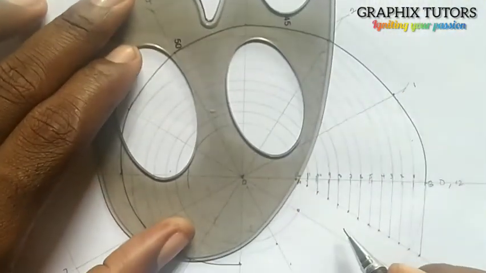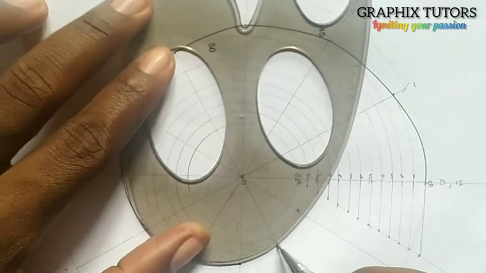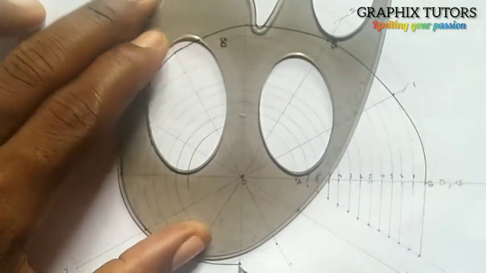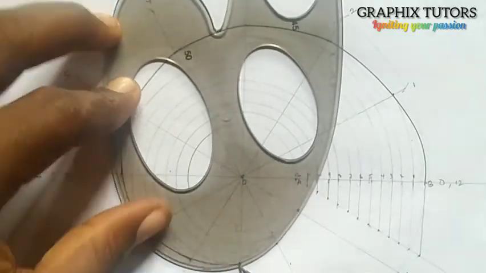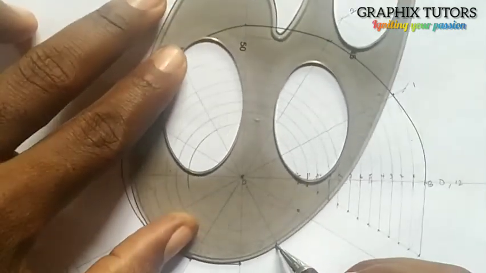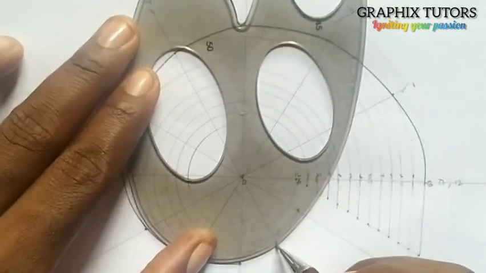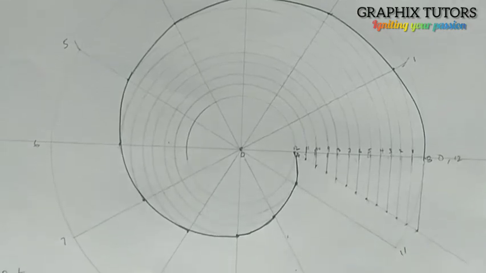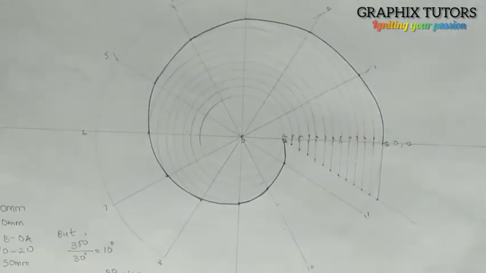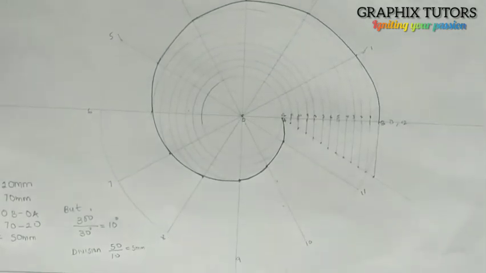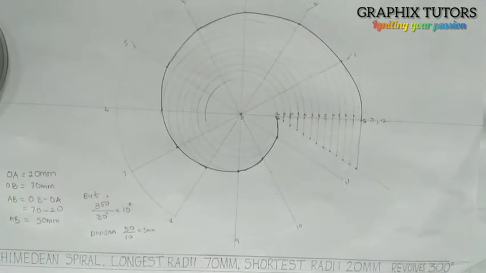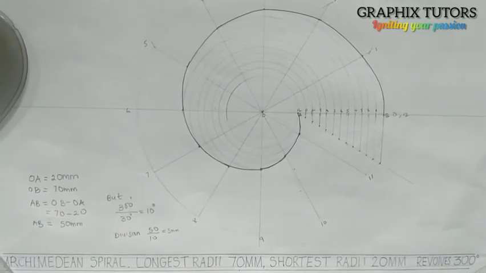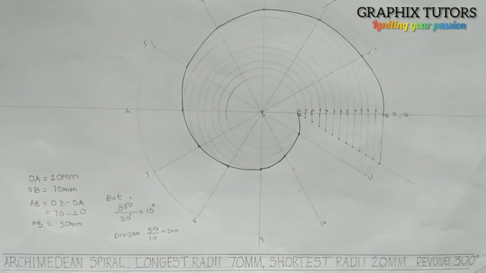And this. So you continue doing that until, so this is what you are going to have. This is our Archimedean spiral.